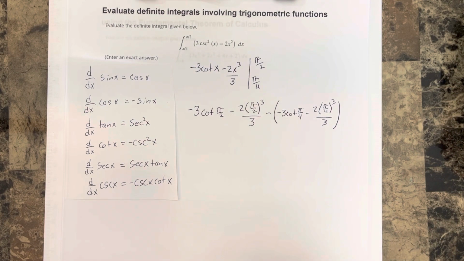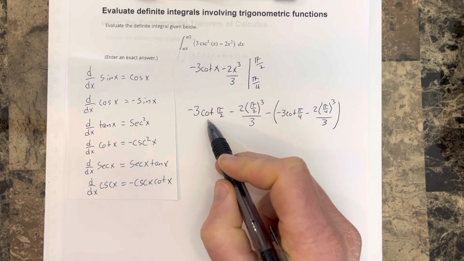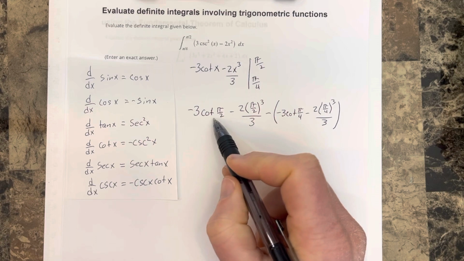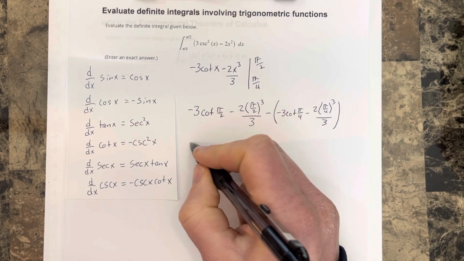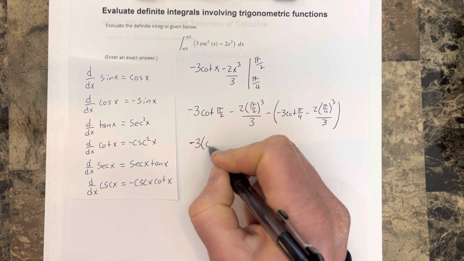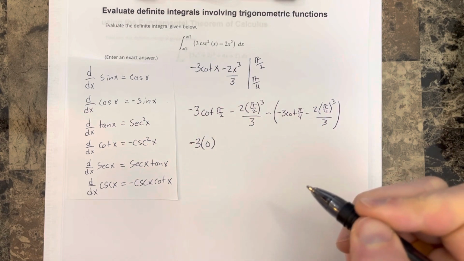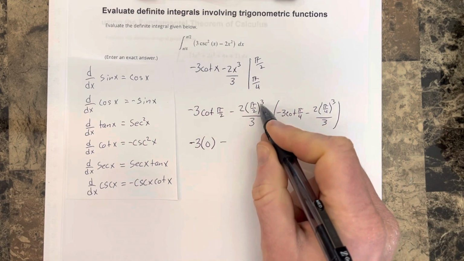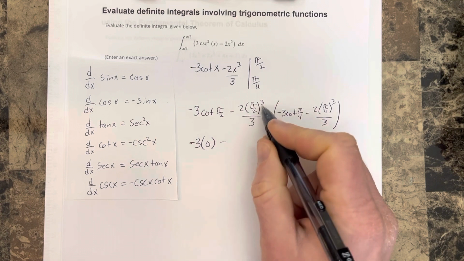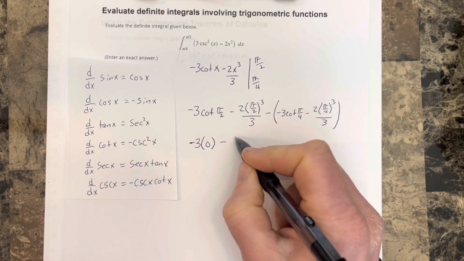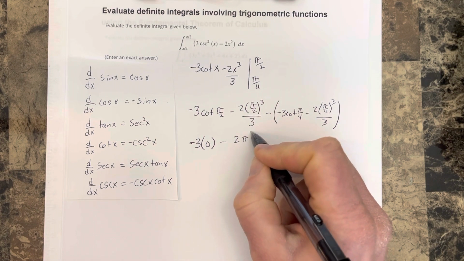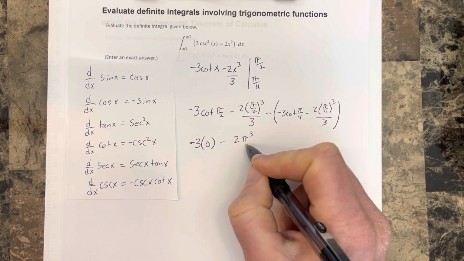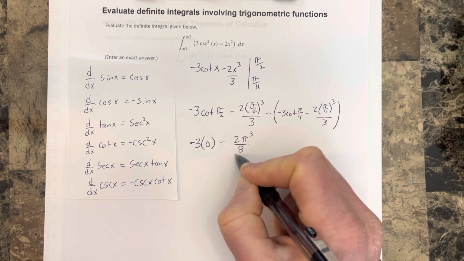So what is cotangent of pi over 2? Cotangent of pi over 2 is going to be 0. So we're going to have negative 3 times 0. And then minus, if I cube that, that'd be 2 pi cubed over 8 over 3.